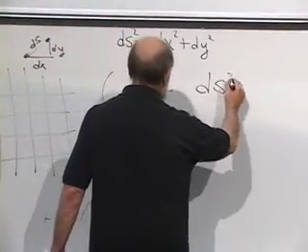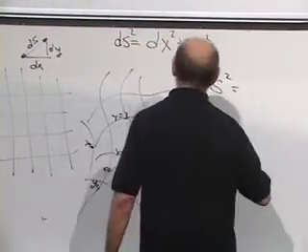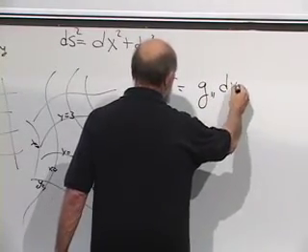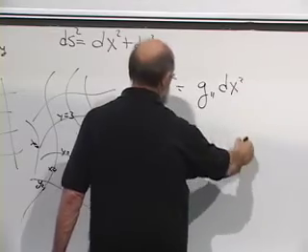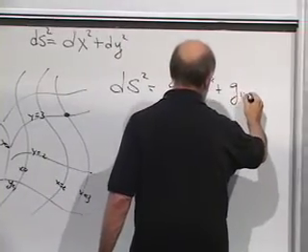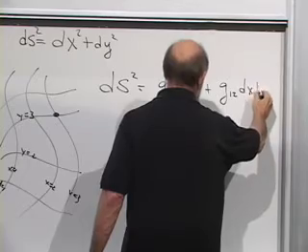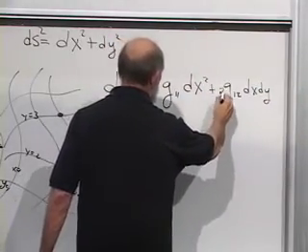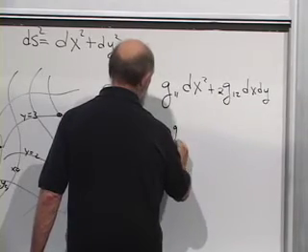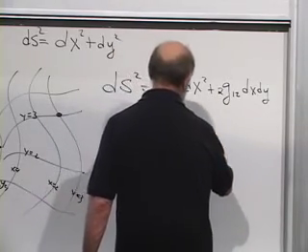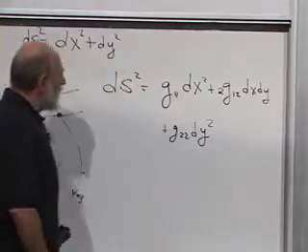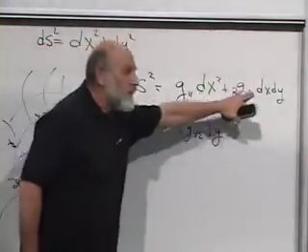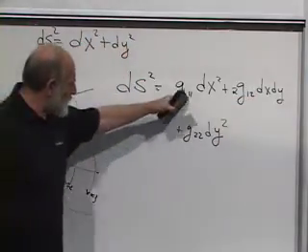It's a ds squared, which has some coefficients. Whatever it is, it will involve these little differential displacements, and it'll involve them quadratically, to the second powers.